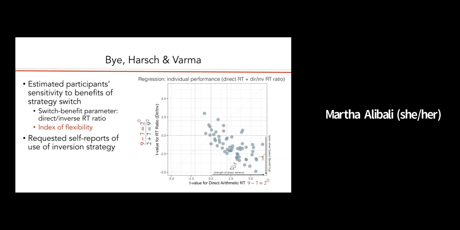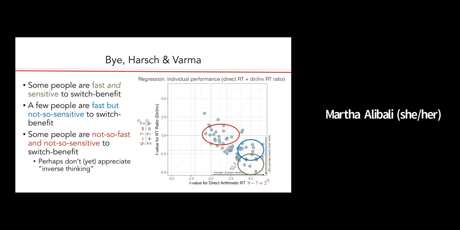And I think what was important here is to think about the different profiles of people with respect to this idea of switch benefit. And Jeffrey talked about some of these as he discussed the findings. There were some participants who were fast and sensitive to the switch benefit, some people who are fast but not so sensitive to the switch benefit, and some people who were not so fast and also not really so sensitive to the switch benefit.